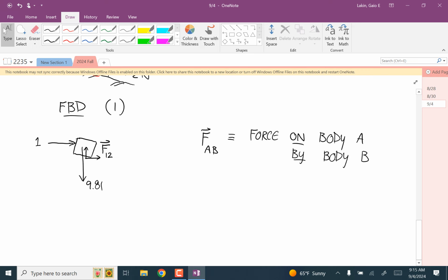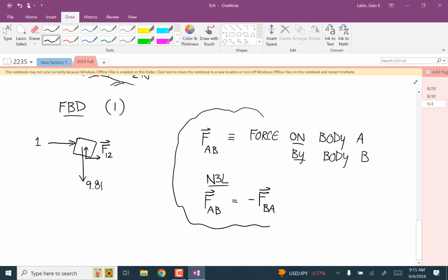The main reason that this is a really nice notation is what it then says about Newton's third law, which is that the force on body A by body B is equal and opposite to the force on body B by body A. So we're going to use this notation a lot, and this is the real benefit of it.